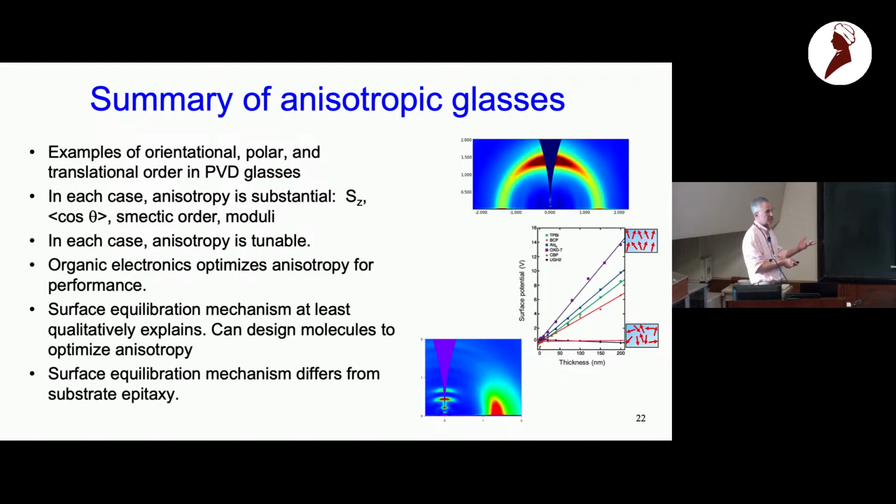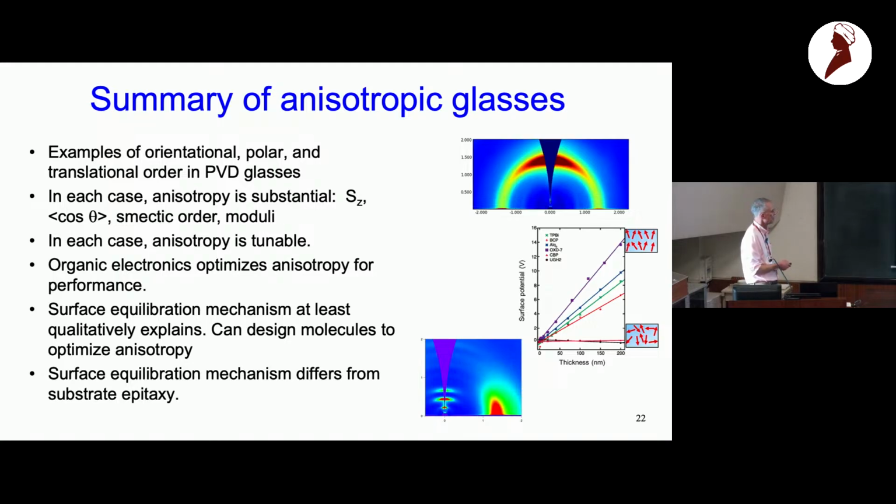In every case, we can tune the anisotropy by substrate temperature or deposition rate. For some of these cases, these are critical variables for OLED performance. We have this mechanism about equilibration happening right at the free surface, and that at least qualitatively explains what I've shown you today, in some cases semi-quantitatively.